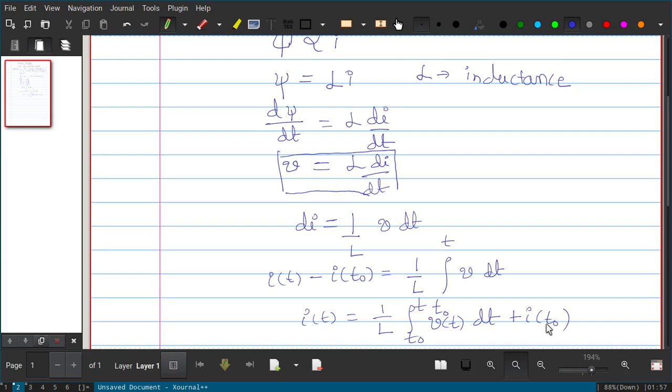That will be added. So this is the equation for the current.